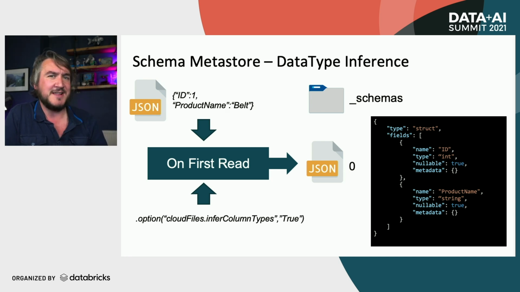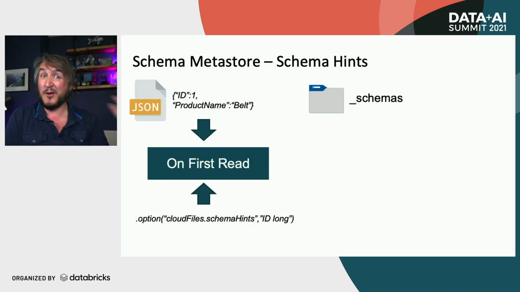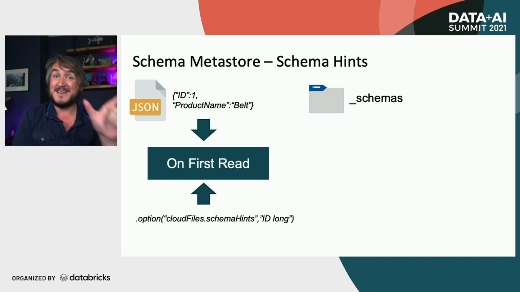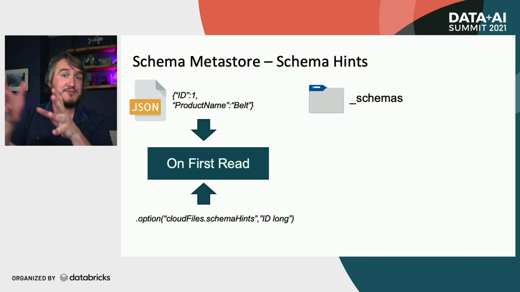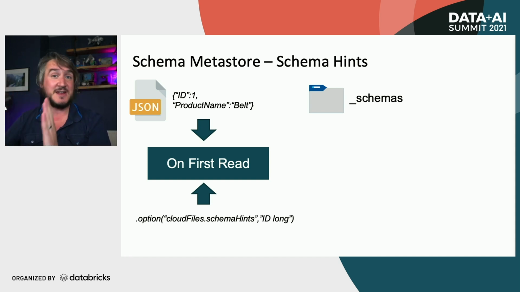But if we're still looking at that going, no, we know better, that ID should be a long, then we can use schema hints. So that's an alternative to allowing it to do infer schema, or on top of. We can pass in essentially a little bit like a SQL table definition. We can say ID is a long, comma, product name is a string, comma, and we can just give it a comma separated list of column definitions.